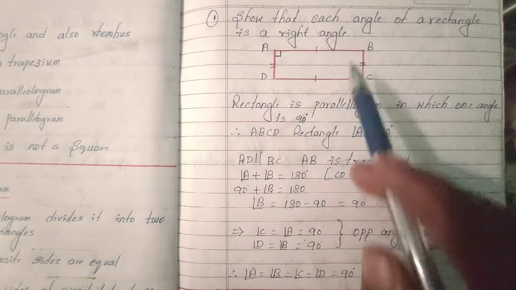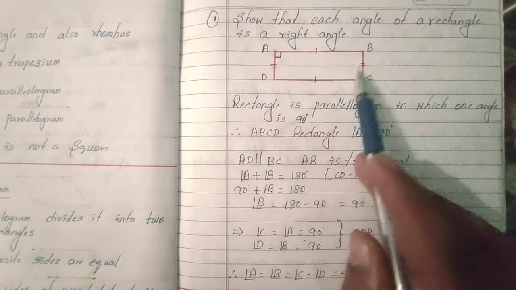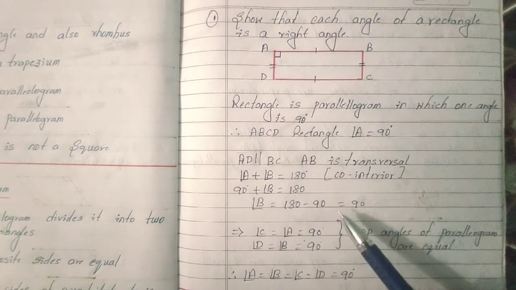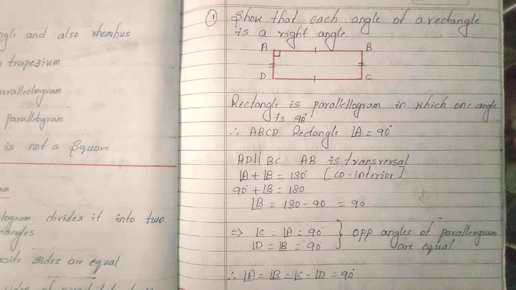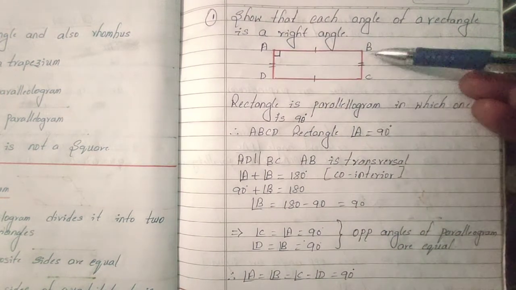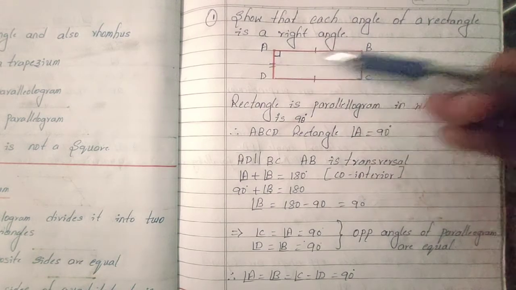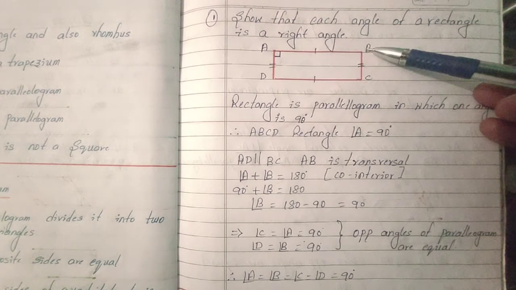Now I have to prove each angle of the rectangle is a right angle. All other three angles are also 90 degrees. How to prove? Listen. AD and BC are parallel. Then AB is a transversal line.